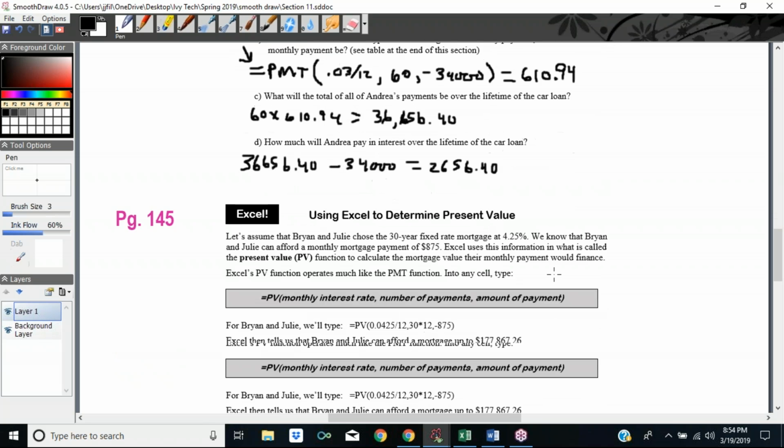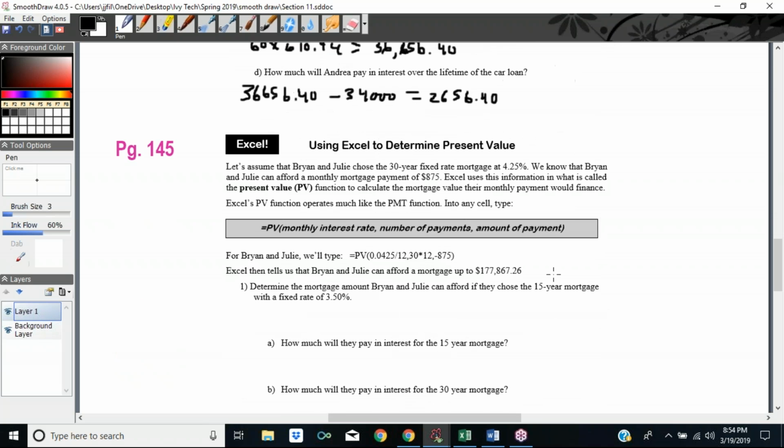All right, so the other thing we have is a present value and another Excel function. So this is a little bit different. Let's assume that Brian and Julie choose a 30-year fixed mortgage rate at 4.25%.